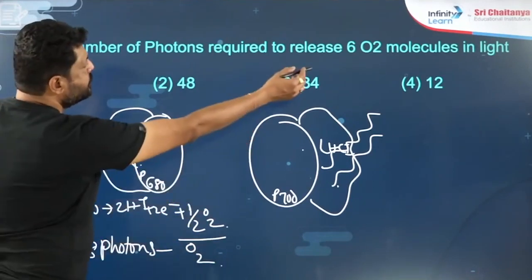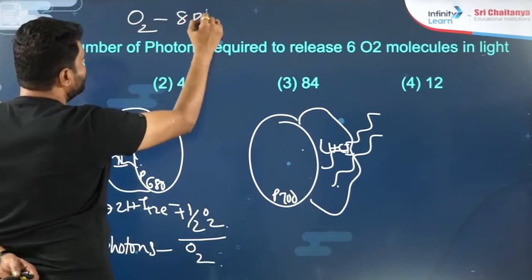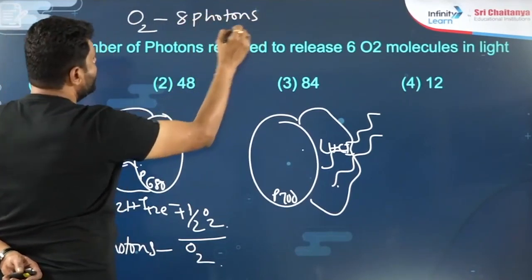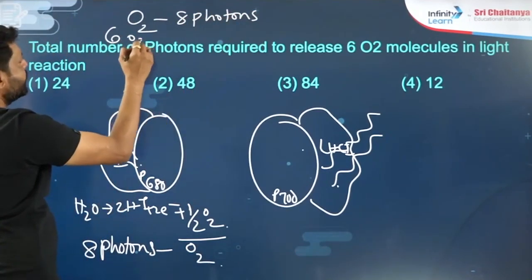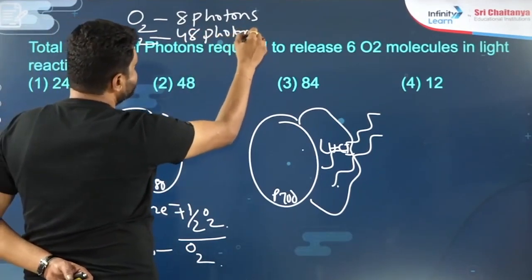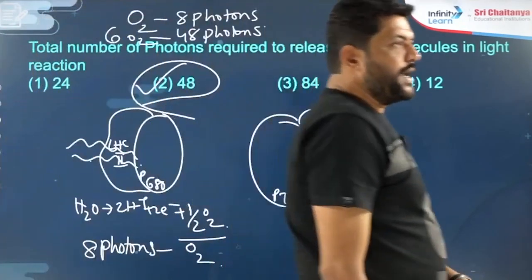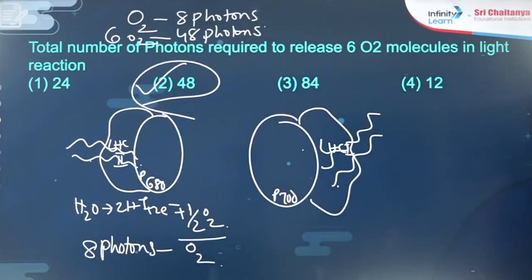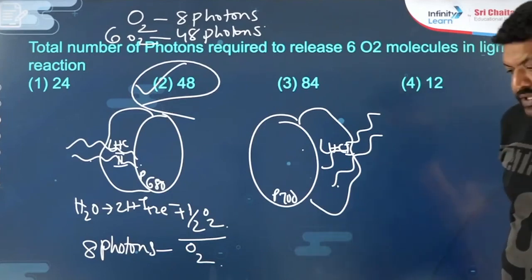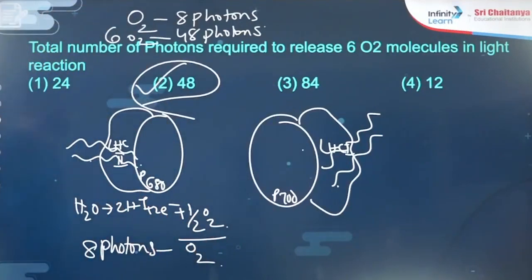So 1 O2 requires 8 photons, and 6 O2 requires how many? 6 eights are 48 photons of light, required for the release of 6 O2 molecules in C3 plants. Was it clear?